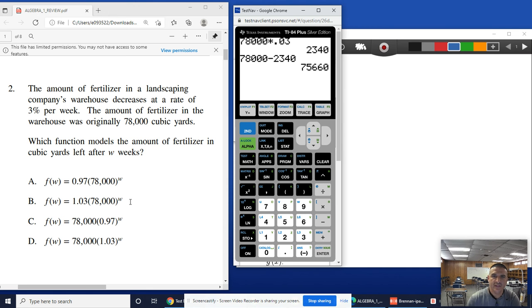So after 1 week, that's what it should be. So I'm going to plug this in and see which one of these gives me that answer after 1 week. We can write it over here, 75660. Right, so I got the 0.97 times 78,000 and raise that to 1 week.